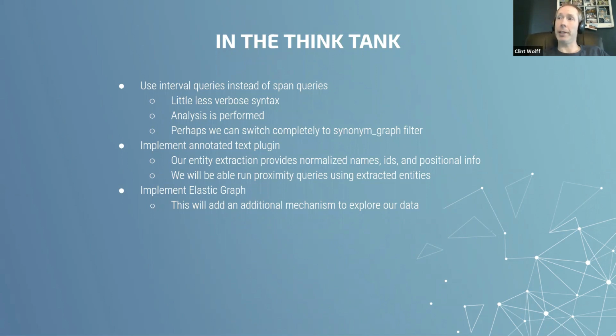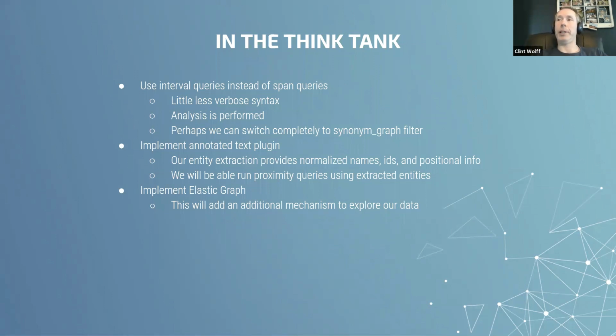But with the annotated text plugin, what we can do is inject that information into the point that the entity was mentioned in a document. So if it talks about Mr. Gates at a certain point of the document, we can actually inject that it is William Gates. We can inject an ID for that name.